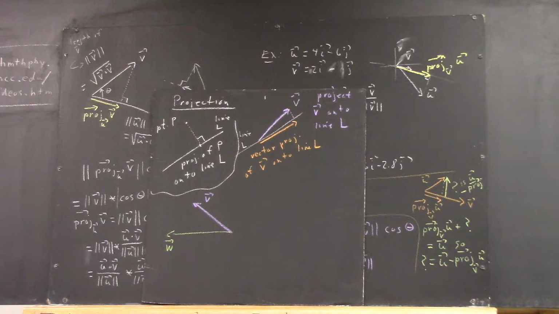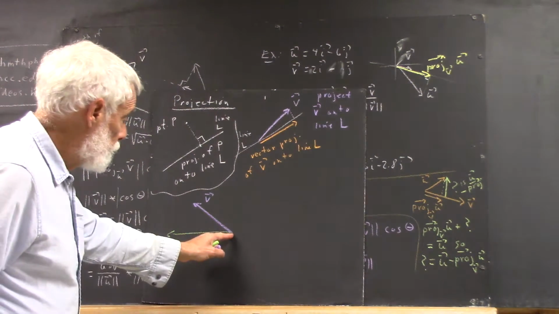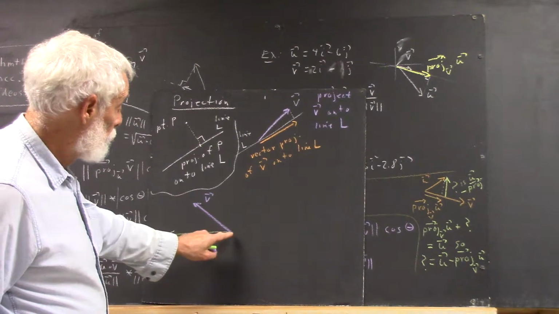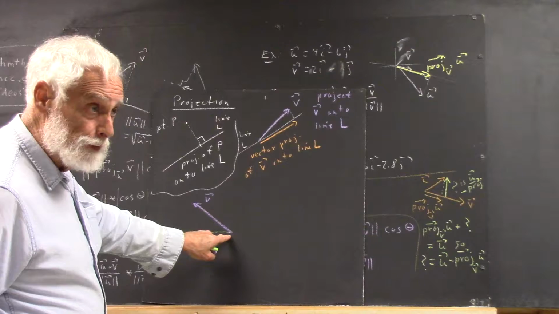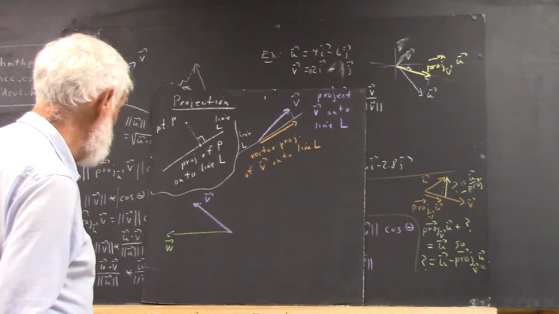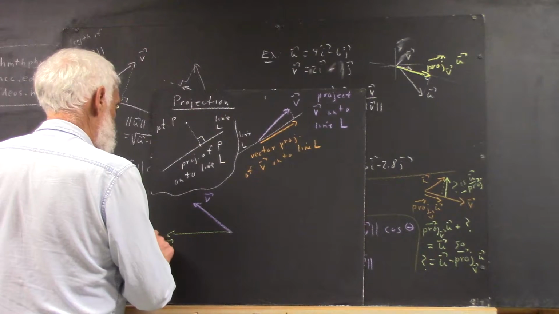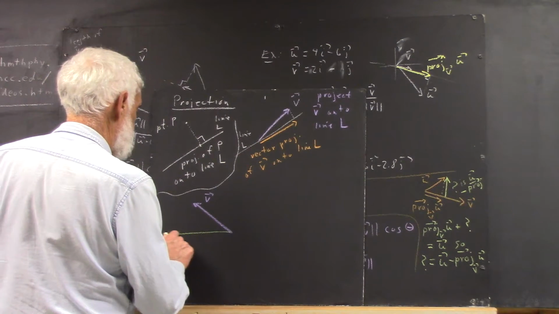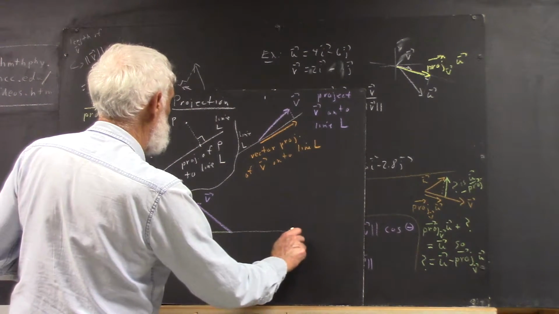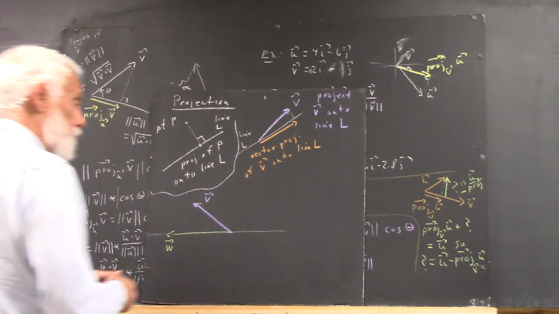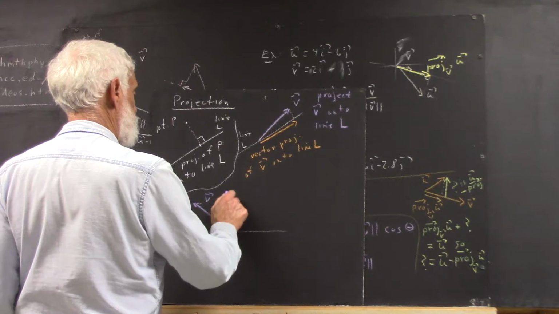Then to project V onto W, we position the two vectors with their initial points at the same point, initial point of one at the initial point of the other. And then we extend the vector onto which we're projecting into a line.